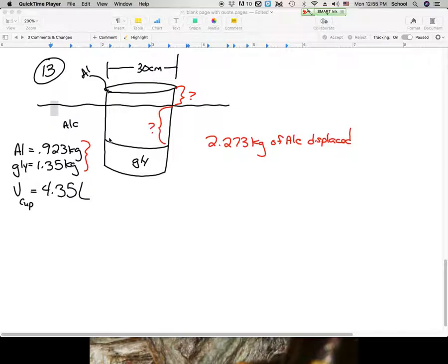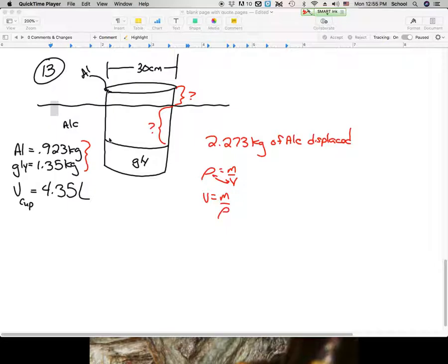Does that make sense? And this only works because we're floating. If we were sinking, this wouldn't work. But since we're floating, it's going to displace an equal mass of fluid. So then again, since density equals mass over volume, we have the mass. If I'm looking for what volume of alcohol I'm displacing, then these two are going to have to trade.